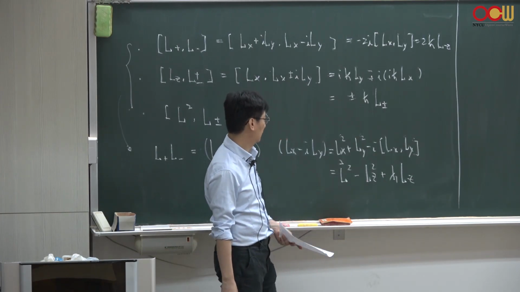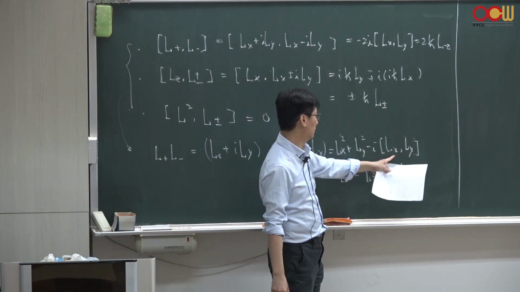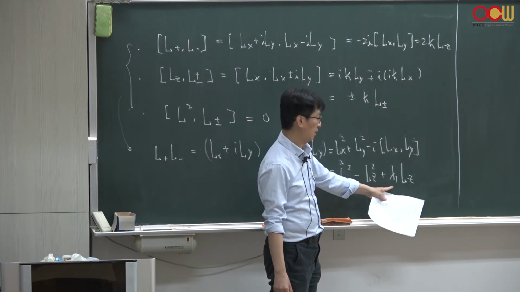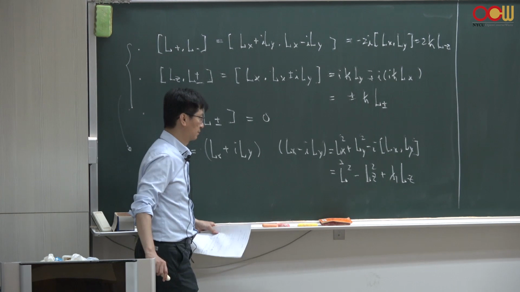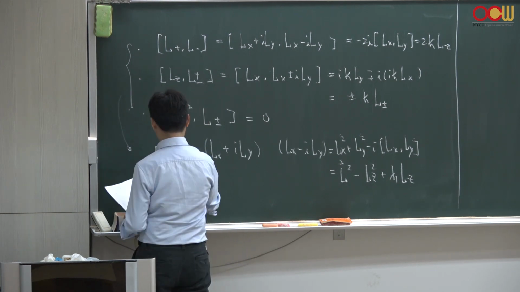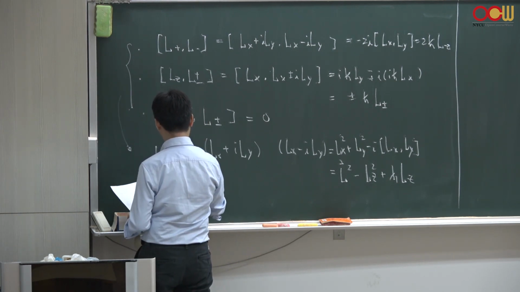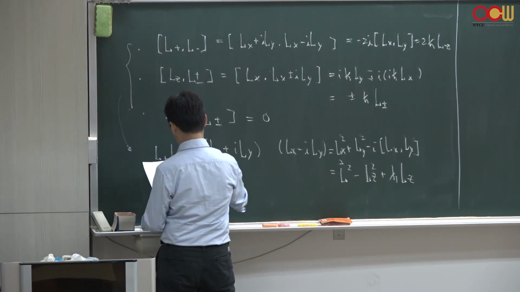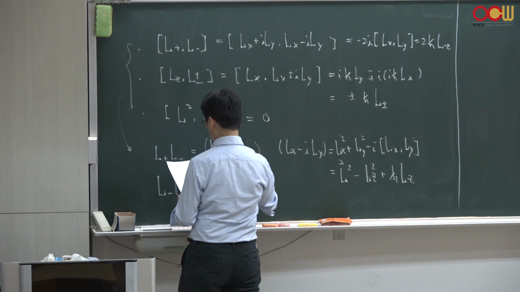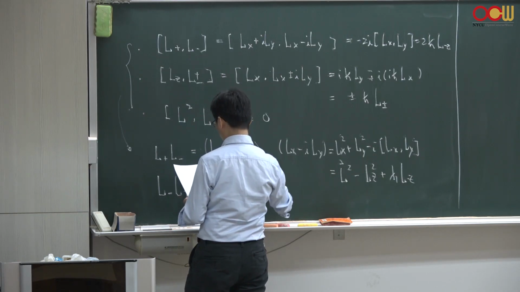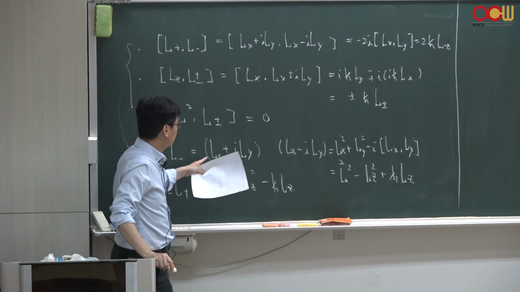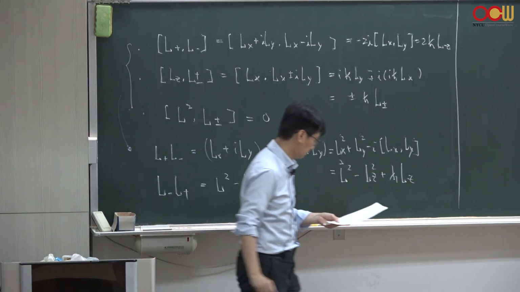And what about this commutator? Well, this commutator is i h bar Lz, which is h bar Lz right here. Likewise, we can check the product L minus L plus in this order, which is L squared minus Lz squared minus h bar Lz. We're going to use these two relations in just a moment.